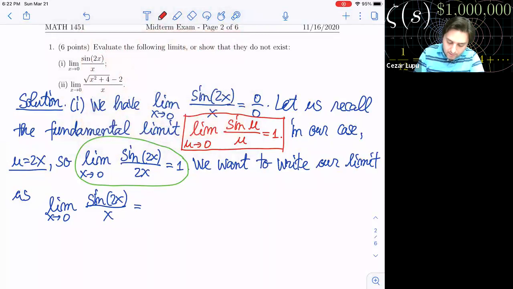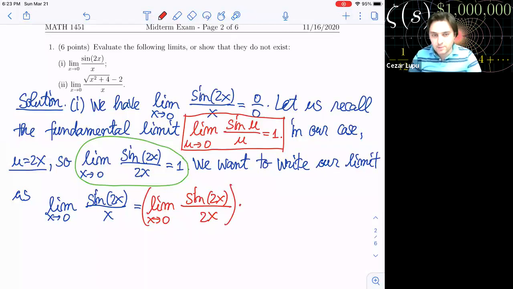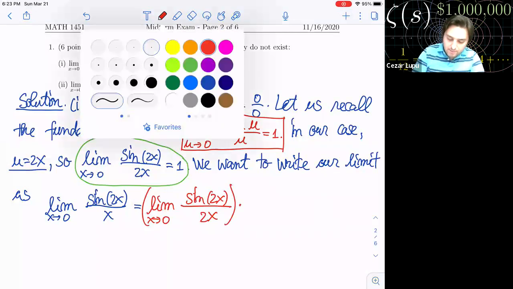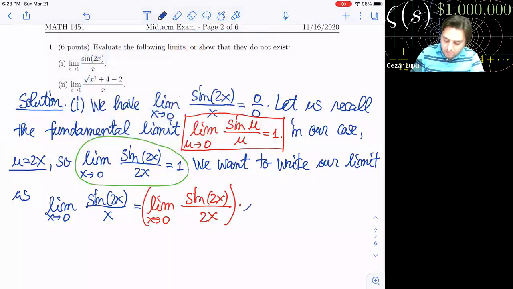The limit as x approaches 0 of sine of 2x over 2x, times what's left here. The limit as x approaches 0 of what? Can you tell me? I multiply this by the constant 2, right?